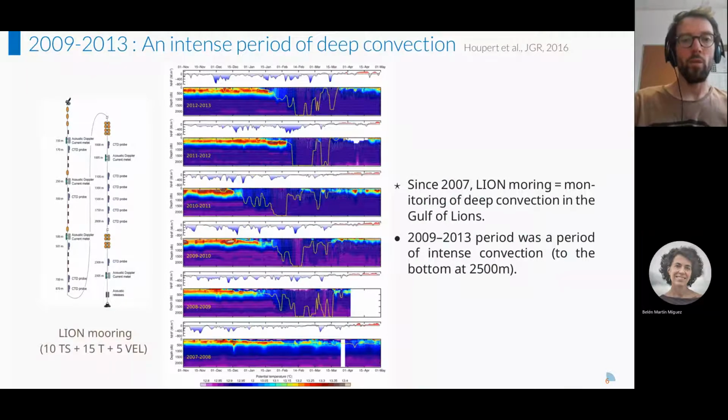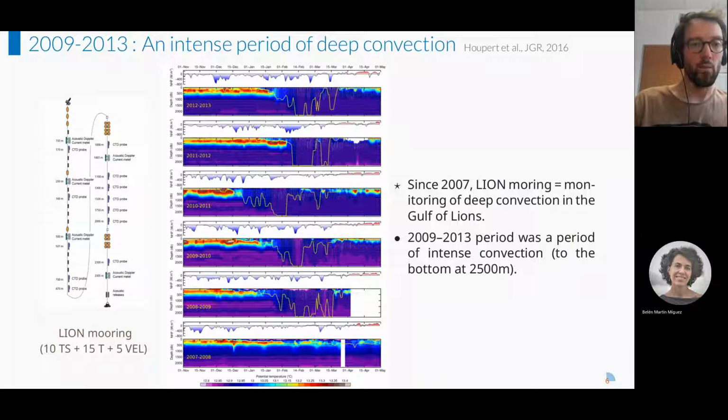So yeah, if we look at the convection first, the Lyon mooring has allowed us to describe with lots of detail the convection episodes, in particular during an intense period of deep convection from 2009 to 2013. There was a very intense deep convection with mixing down to 2,500 meters every year.